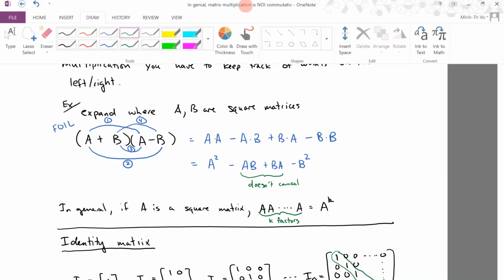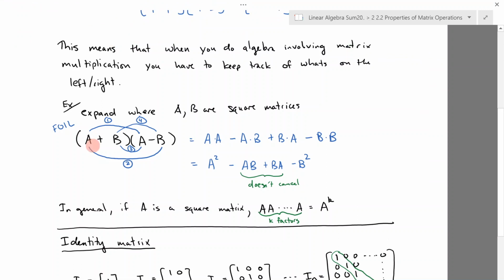You might remember that if these were not matrices and just regular real numbers, then this gives you a difference of squares, just A squared minus B squared.